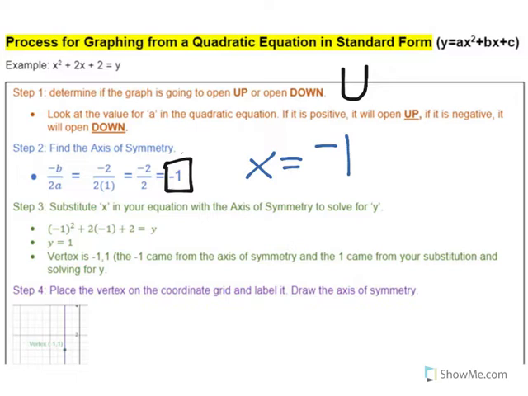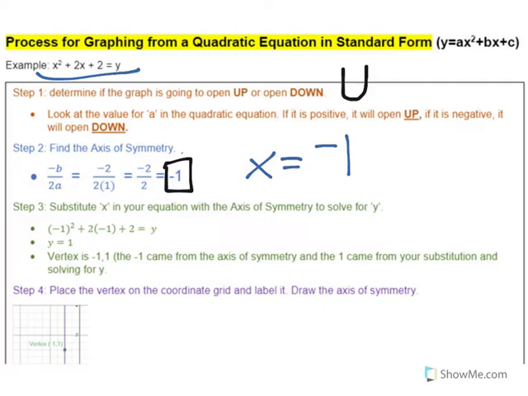To find the vertex, remember the vertex is the minimum or maximum point of the parabola. So it's the tip of your parabola. It's going to go through the axis of symmetry. So if we take x equals -1 and we substitute -1 into our original equation, x squared plus 2x plus 2, we're going to get our y value, which is going to give us our coordinate.